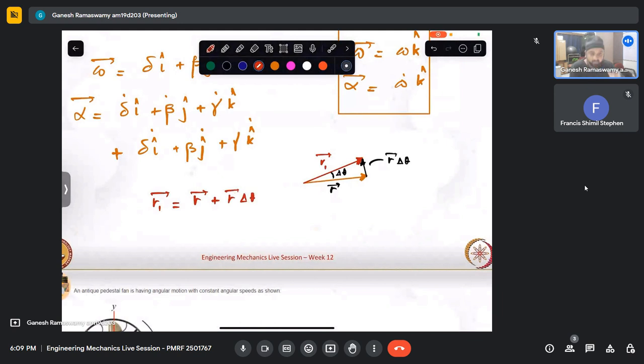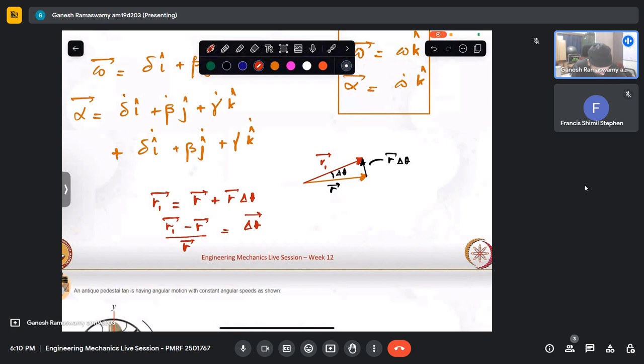Now this delta theta is also a vector. It is an angular displacement we are giving with its axis out of the plane of the paper. In which case the difference, if I normalize this, what will that be? It is delta theta, the vector. I am dropping the vector notation because it is out of the plane of the paper.